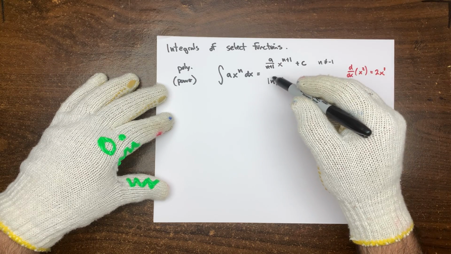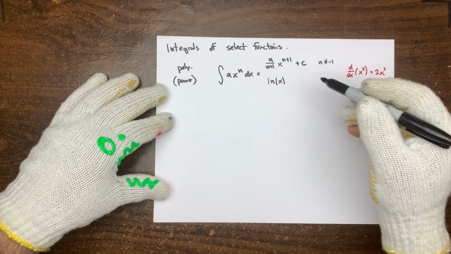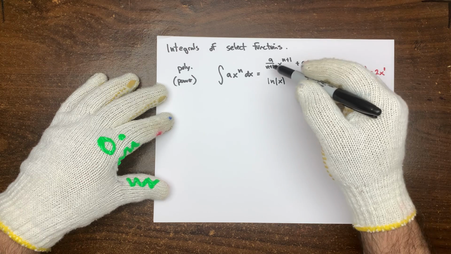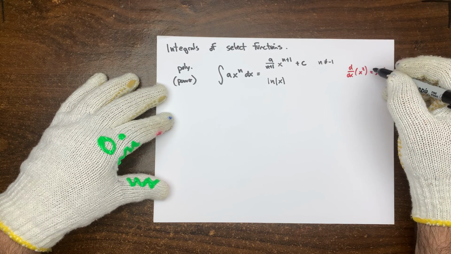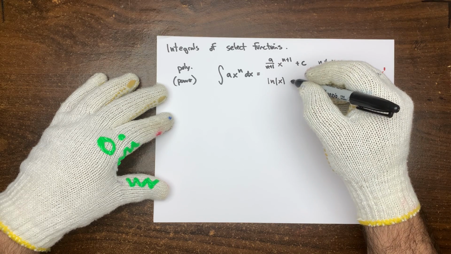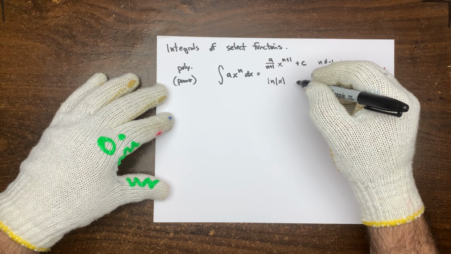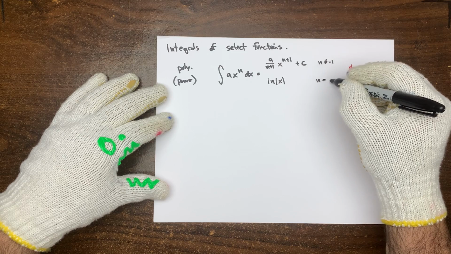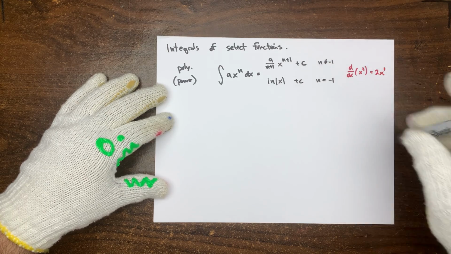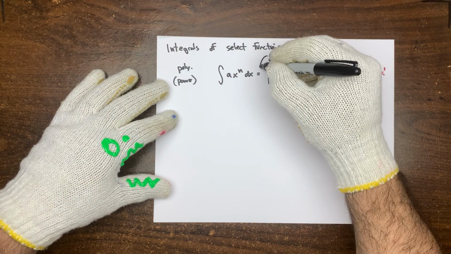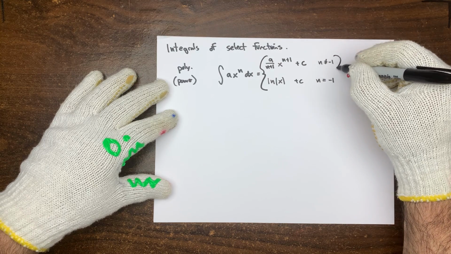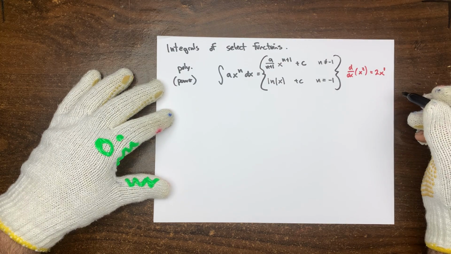So the derivative of ln of x is 1 over x. Okay, there's no derivative of this where you make the 1 over x just because of the subtraction of 1. So this is for n equals negative 1. Okay, so those are the two ways to do it for the integral of a polynomial. There's a special case there for if n equals negative 1.